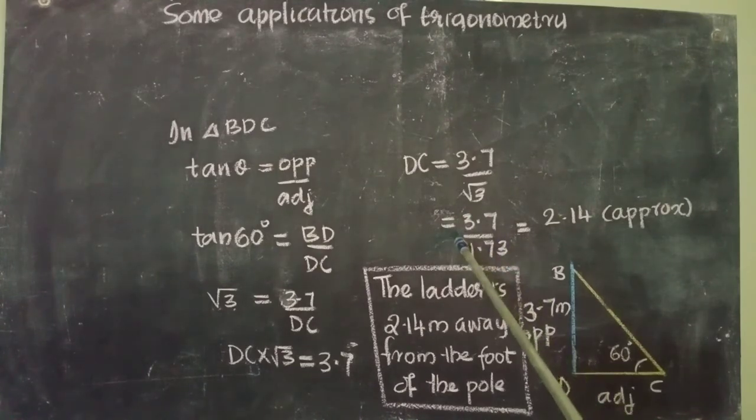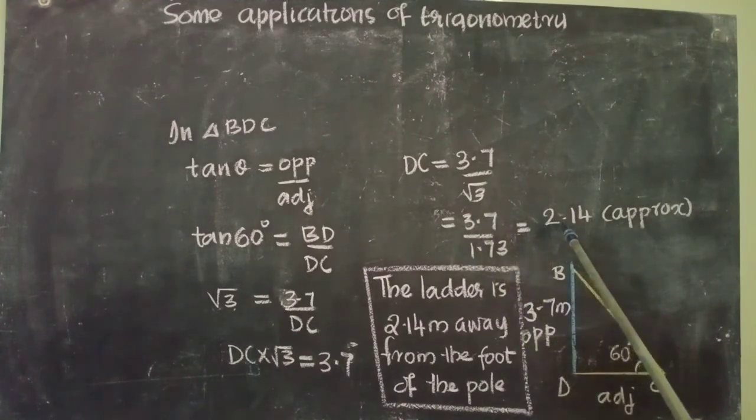So that is equal to 3.7 divided by 1.73. By calculating this we get approximately 2.14. So we can conclude the ladder is 2.14 meter away from the foot of the pole.